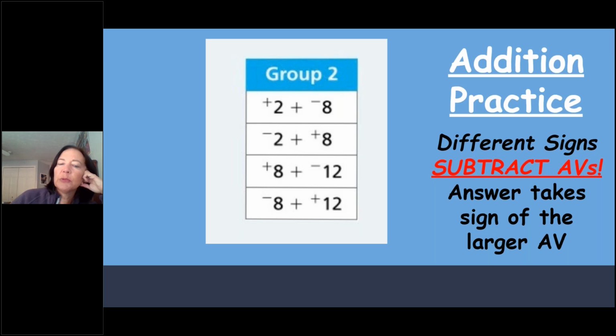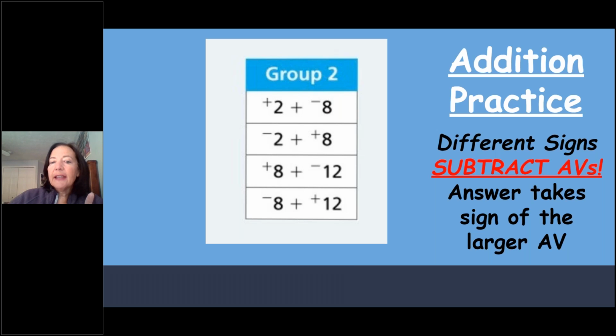With positive 2 plus negative 8, will this answer be a positive or a negative? It'll be a positive 10. But our answer here, it says answer is going to take the sign of the larger absolute value. Negative 8. I'm sorry. I mean negative 8.